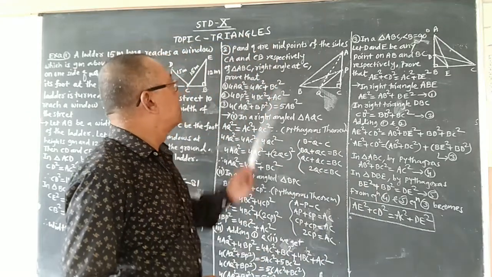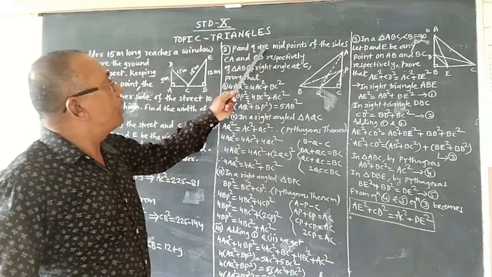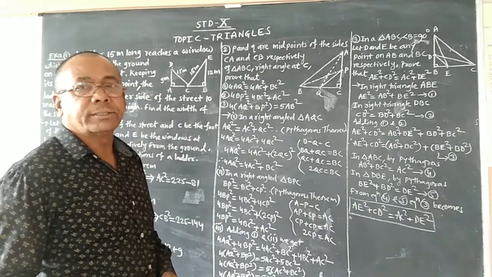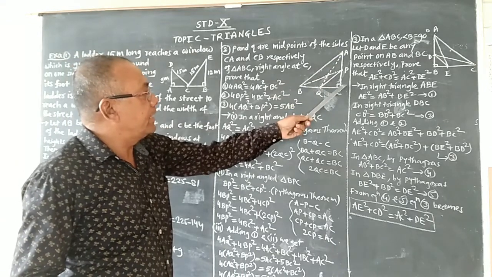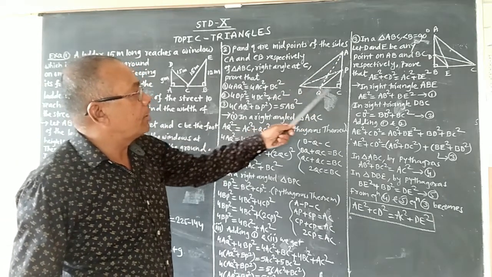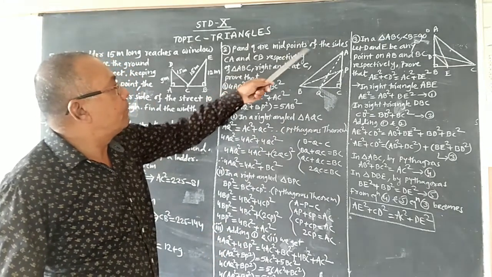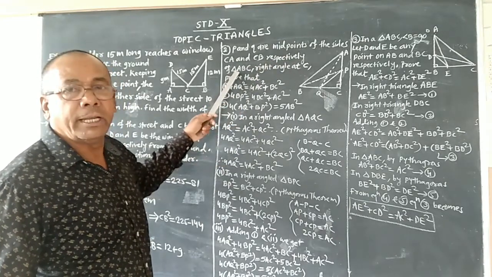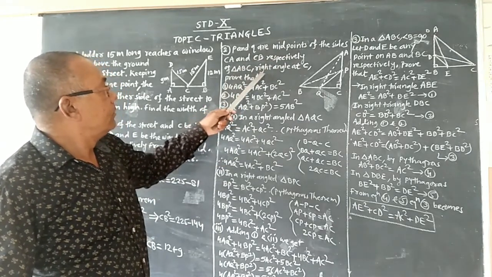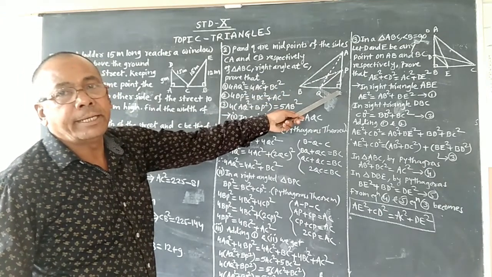Now we will see the second example. Here P and Q are midpoints of the sides. P is the midpoint of AC and Q is the midpoint of BC. So P and Q are the midpoints of the sides CA and CB respectively of triangle ABC, which is right angled at C, meaning C is the 90-degree angle.